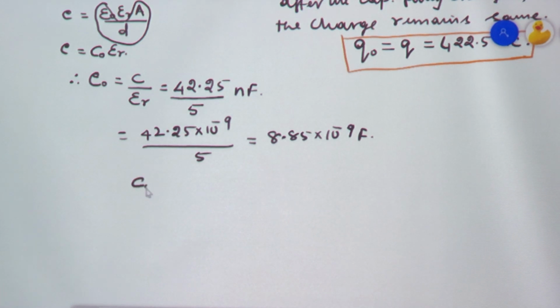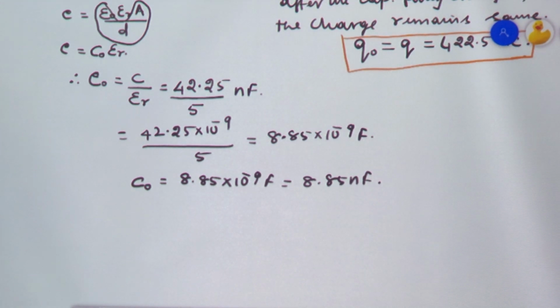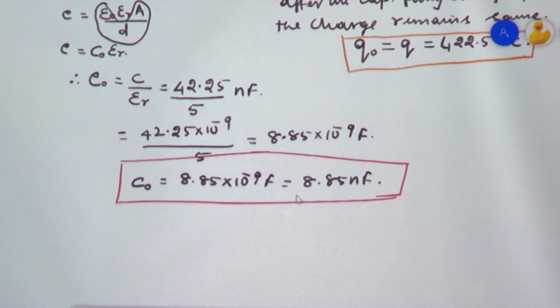Or the capacitance when you are having air in between the two plates is C0 equal to 8.45 into 10 to the power of minus 9 farad, or I can write 8.45 nanofarads. So this we are taking as the capacitance value when dielectric is removed.